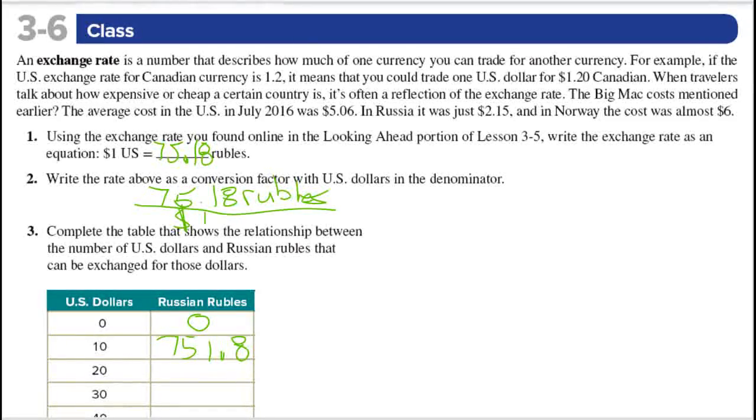20 times 75.18, do that on a calculator, but 2 times 750 is 1,500. 2 times 1.8 is 3.6, and I have to put a 0 in my tens place.